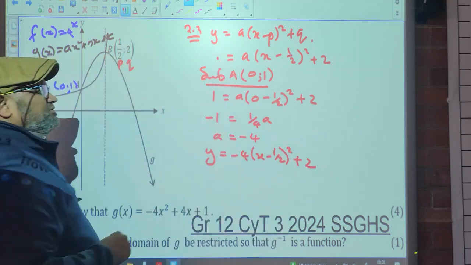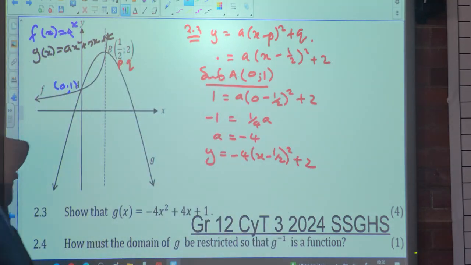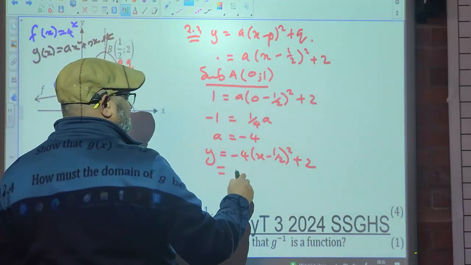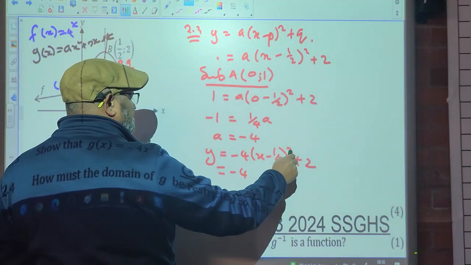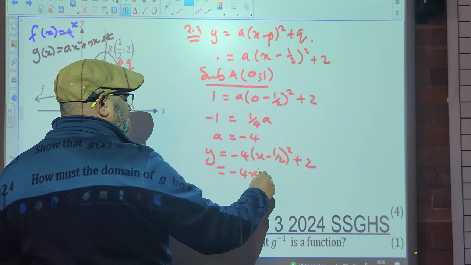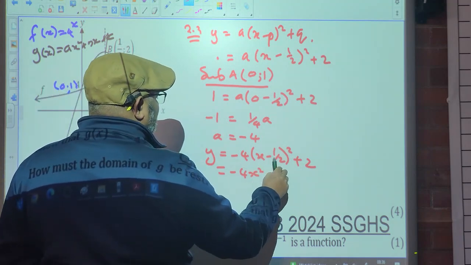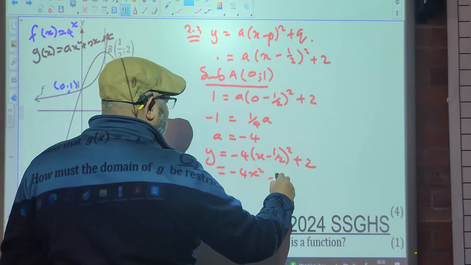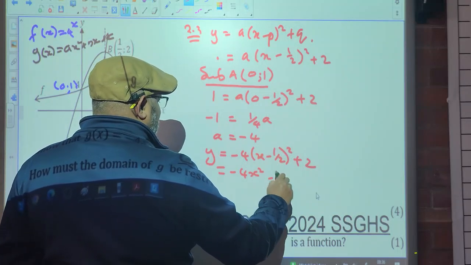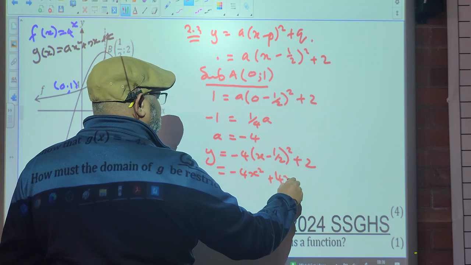As you can see, it's going to go into that one there, and from here it's just a matter of simplifying. So x times x squared times negative 4 is negative 4x squared. Negative a half times x times 2 is negative x, times negative 4 is positive 4x.